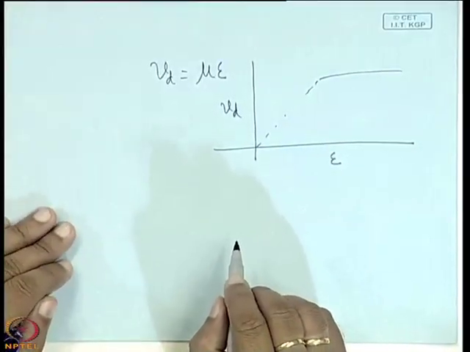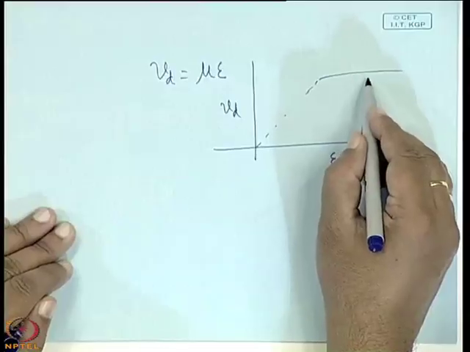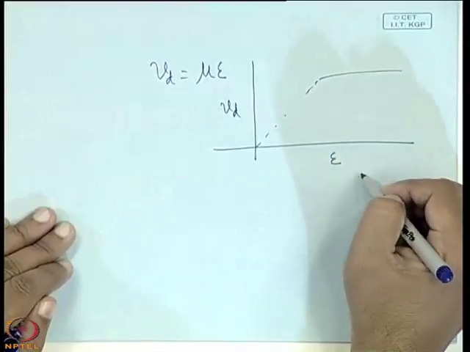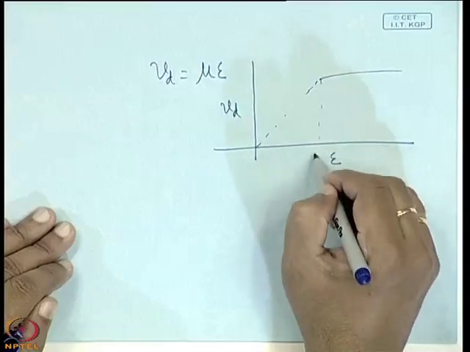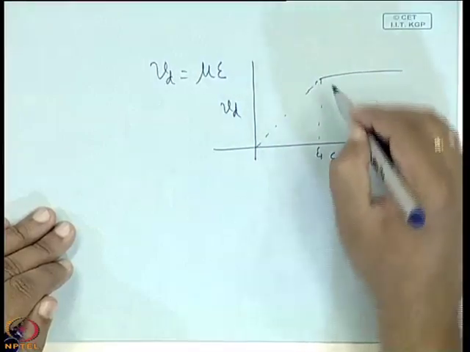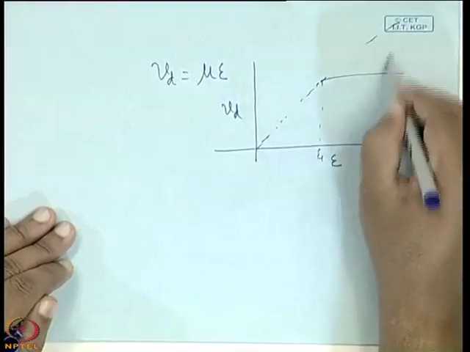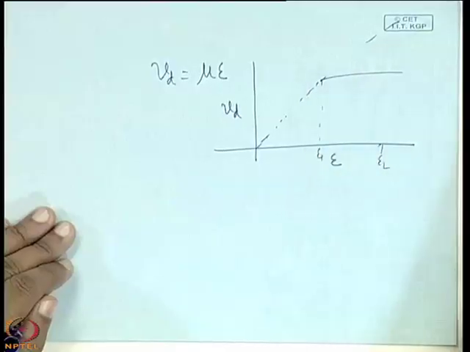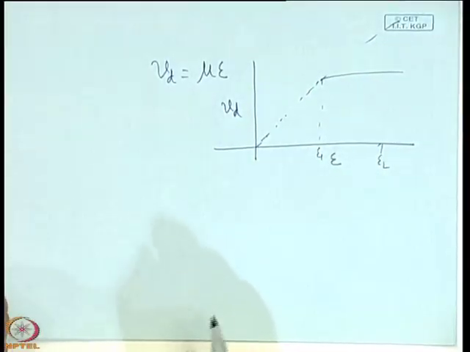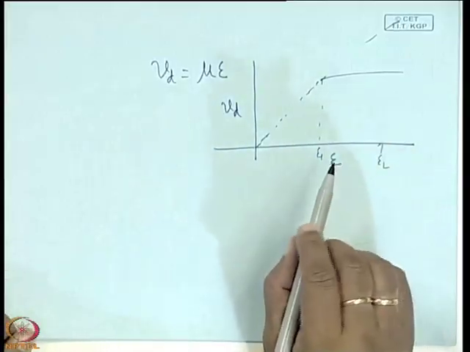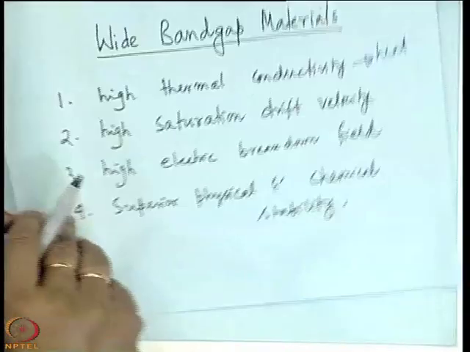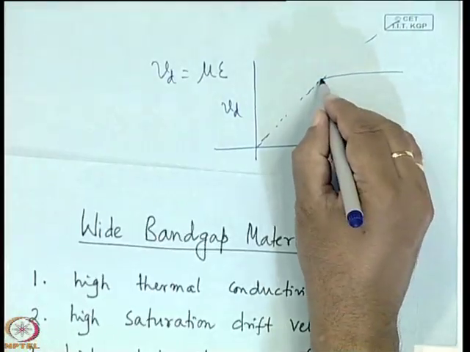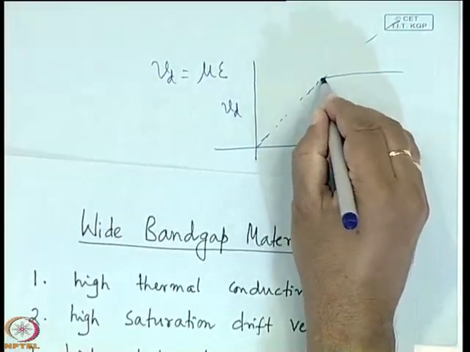We want that the velocity saturation comes at a very high electric field. Say if this electric field is E1, we want that it comes at say E2 or E3. Because of this, we prefer that the saturation drift velocity becomes high. This is the onset of saturation here.